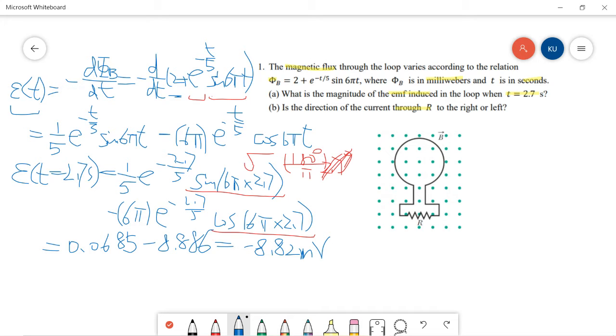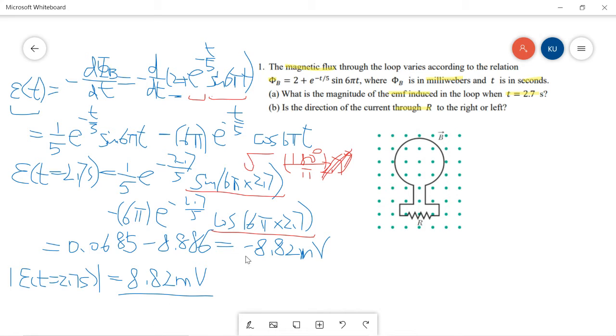In the question it asks about the magnitude, which means the absolute value of E at t equals 2.7 seconds, which will be 8.82 millivolts. So this is the magnitude of the induced EMF. This is part A.